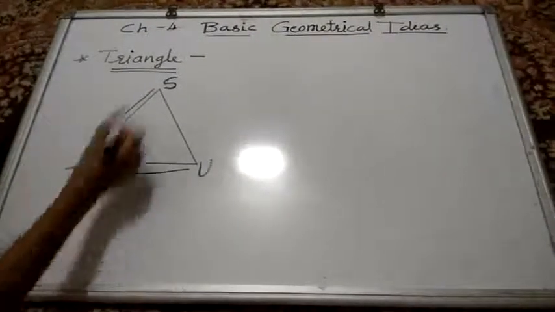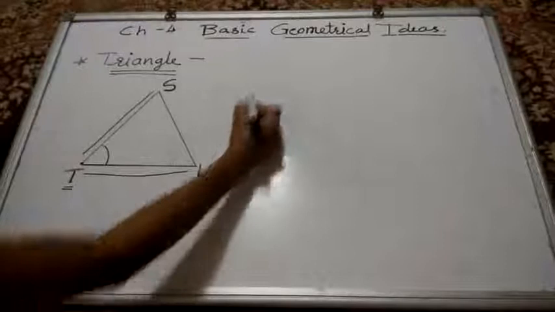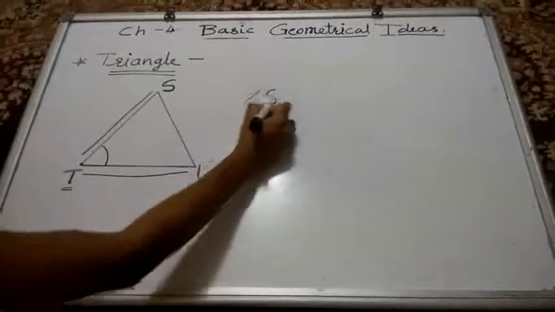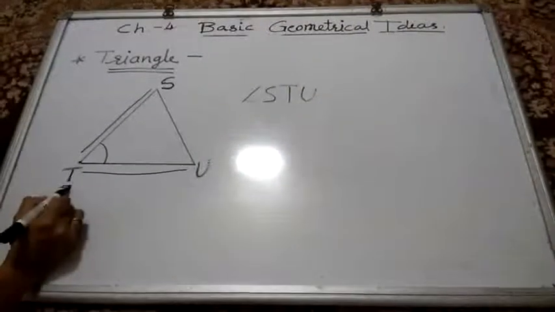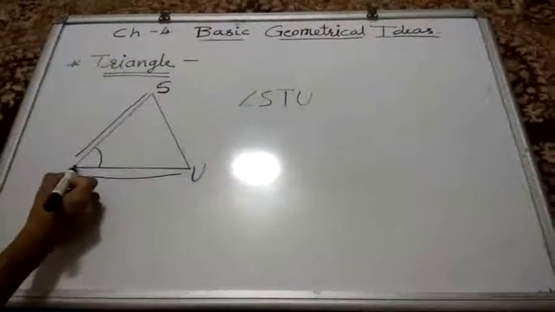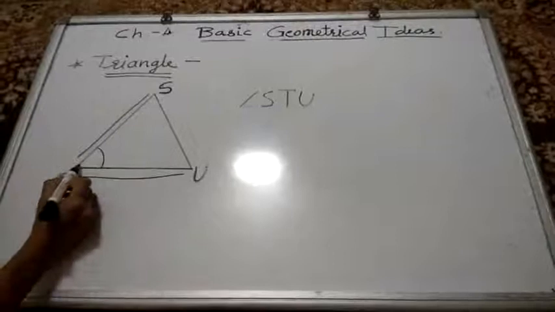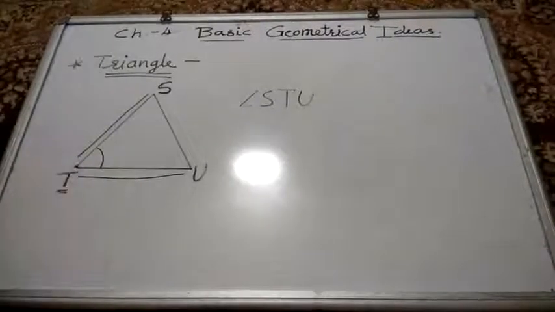How do we write this angle? We write angle STU, because T is the vertex where side ST and side UT meet at a common point.